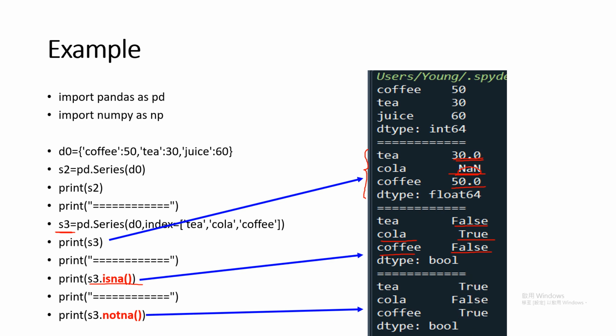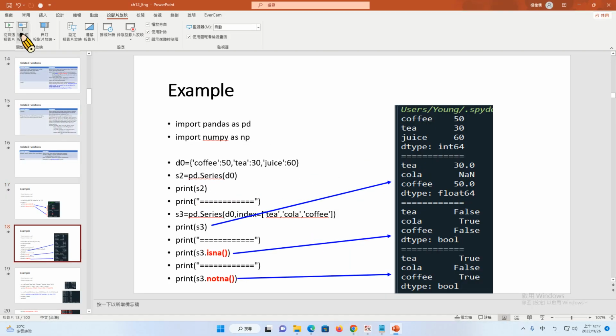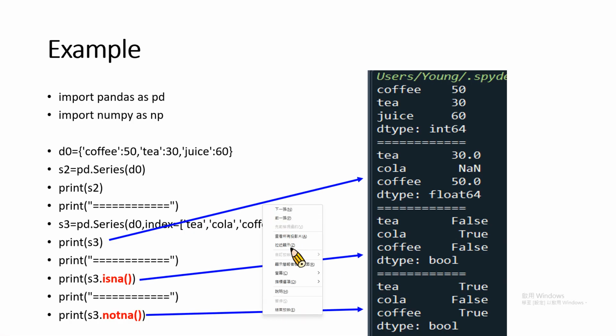Here the values of S3 are shown, and we test if the values are not NA. For tea, the value is 30, so the result of the test is true.